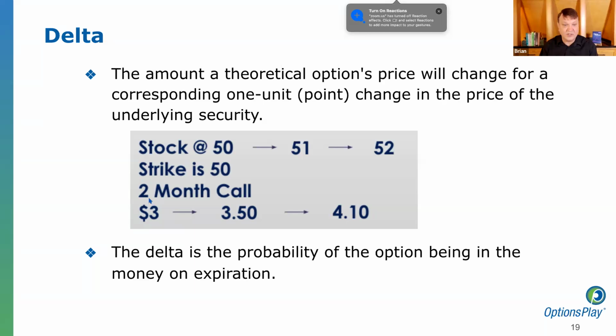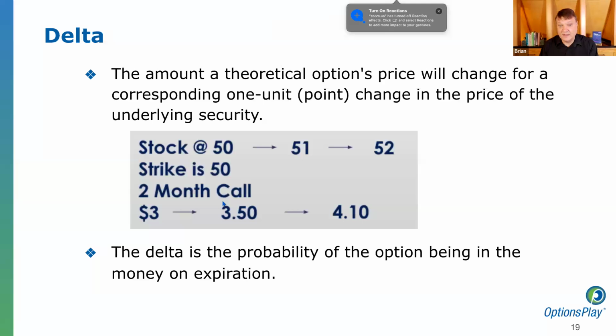So let's change this scenario around. Let's not make this a 2-month option contract. Let's make it a 1-day option contract. Stock is 50, strike is 50, 1 day remaining to expiration. What's the delta?